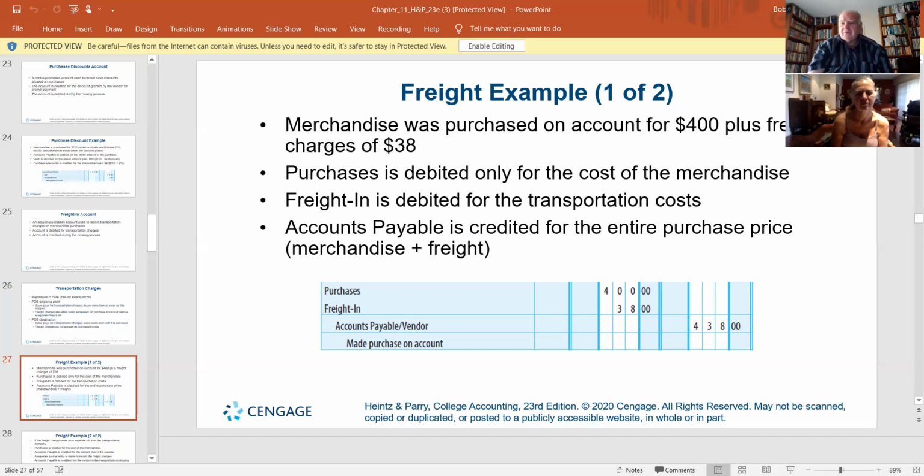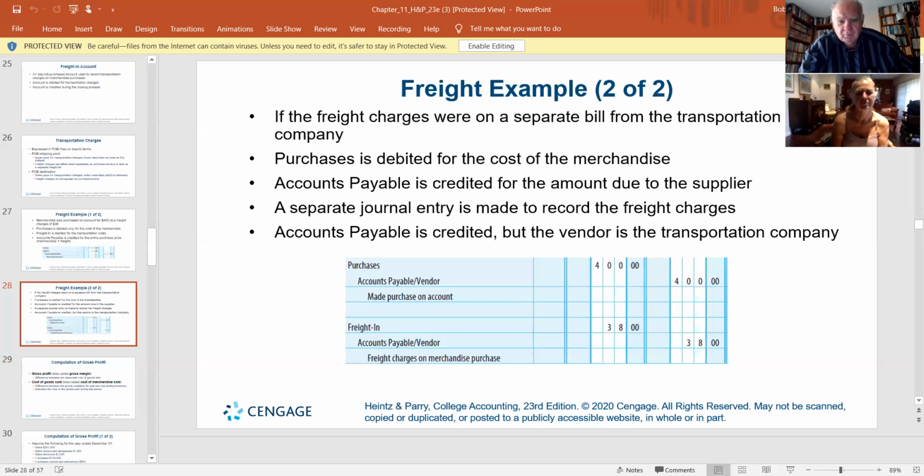You owe the vendor $438. Or the vendor said to the freight company, bill my customer directly. So that's why you have two transactions, one for the 400 and then a separate one for the $38 that you got from Red Ball Trucking or something, okay?